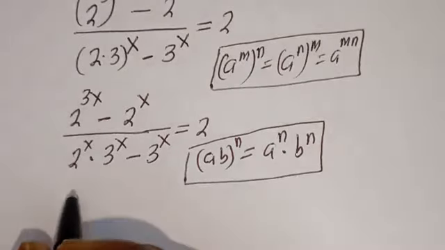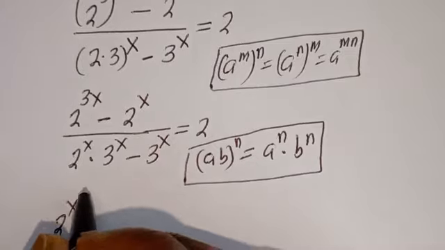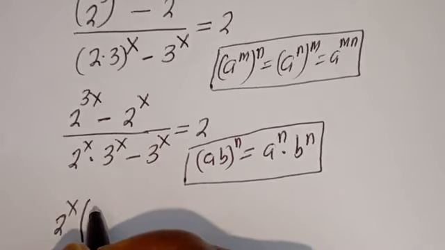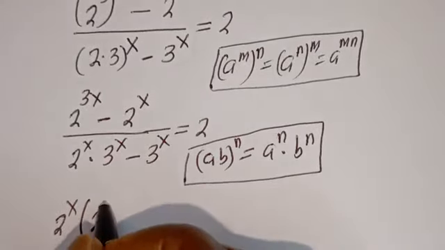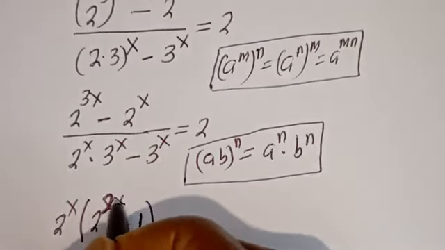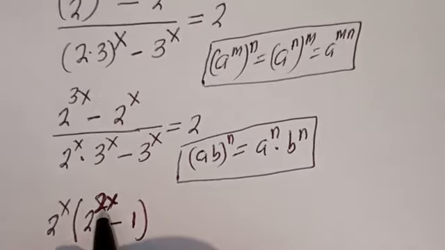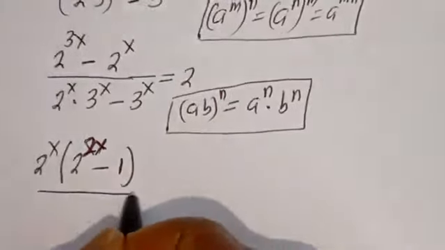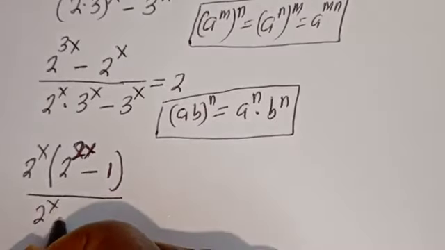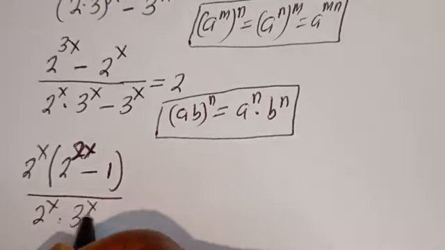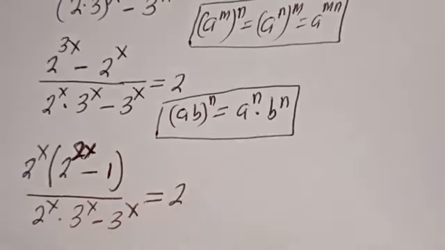Then this can be written as 2 to the power of 3x is 2 to the power of x, bracket, here we have 2 to the power of 2x minus 1, then divided by, here we have 2 to the power of x multiplied by 3 to the power of x, minus 3 to the power of x, is equal to 2.